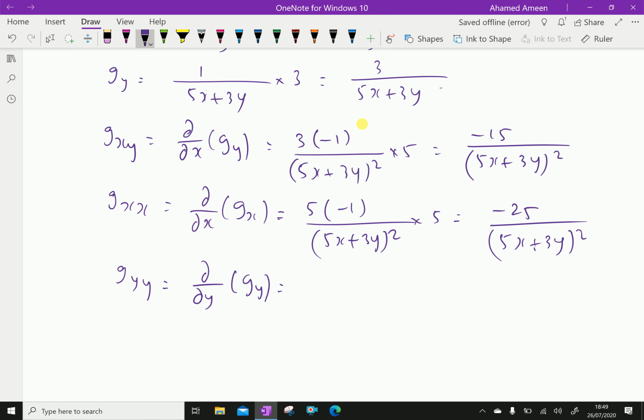Dou by dou y of g of y is here 3 over 5x plus 3y. With respect to y we do the same: 3 into minus 1 over 5x plus 3y the square into, with respect to y, 3, equal to minus 9 over 5x plus 3y the square.